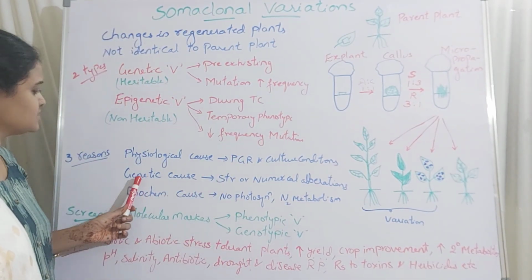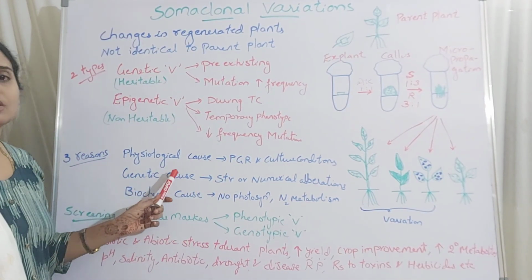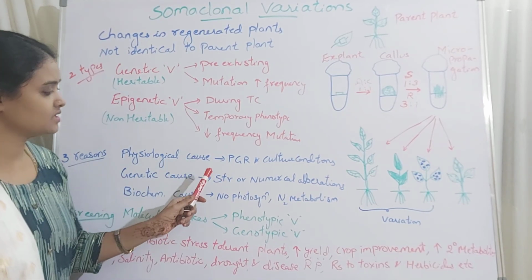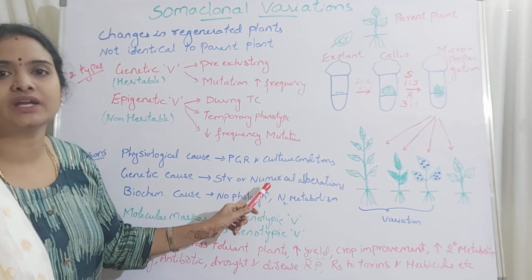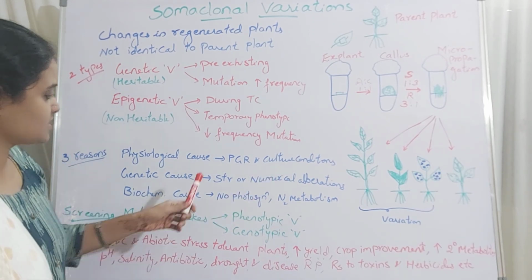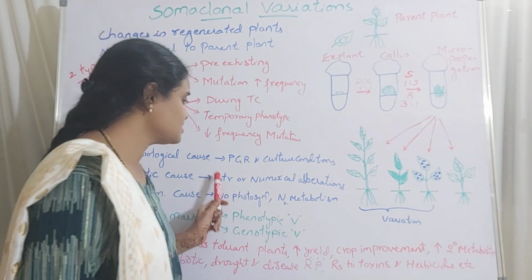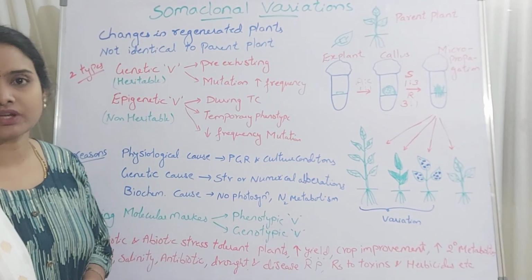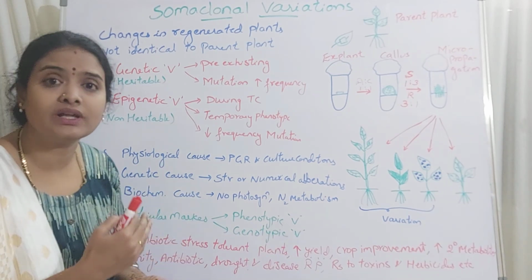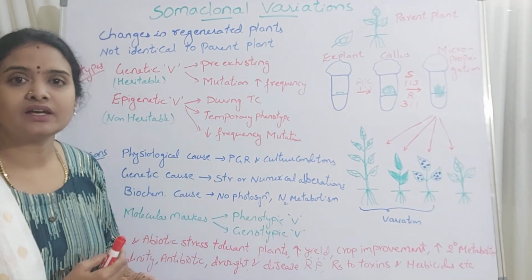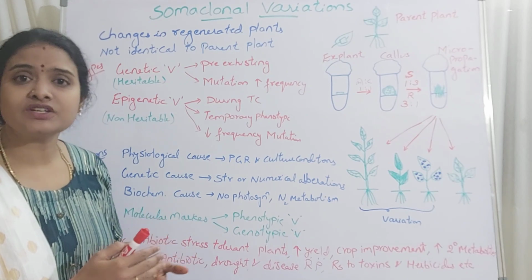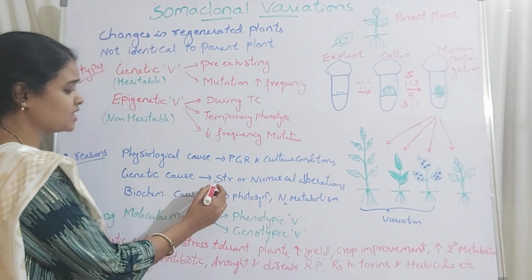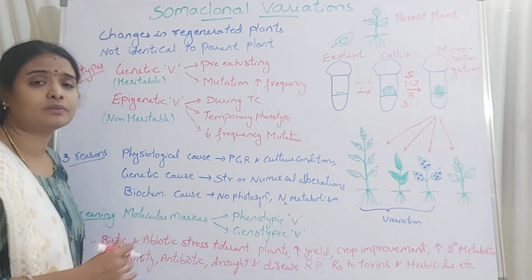And the second one is the genetic cause, right? The genetic cause may be due to structural aberrations or numerical aberrations. Structural aberrations mean there is a structural change in the chromosomes, when there is any addition or deletion. In the case of structural change, the structure of the chromosome is changing.